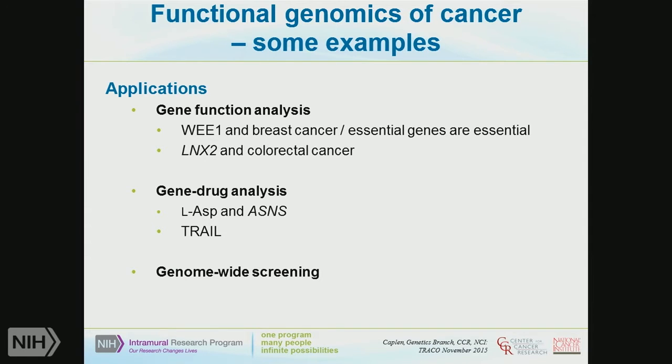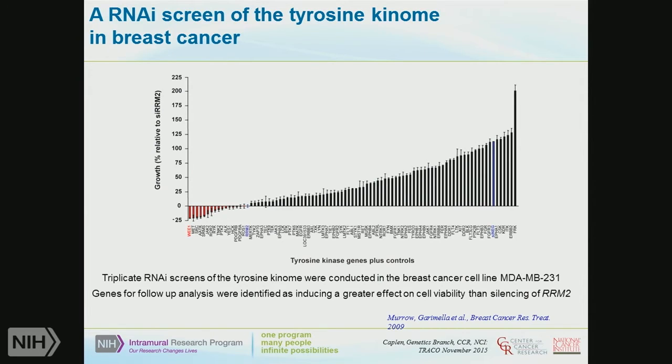I'm just going to run through a few examples to give you a flavor of what can be done. The first one was a screen of the tyrosine kinome using siRNAs, in a triple negative breast cancer cell line, MDA-MB-231. We were asking a very simple question.